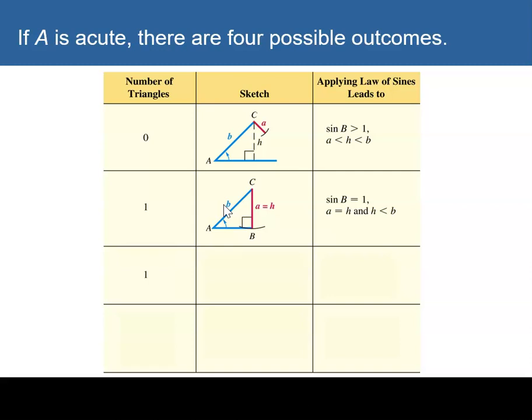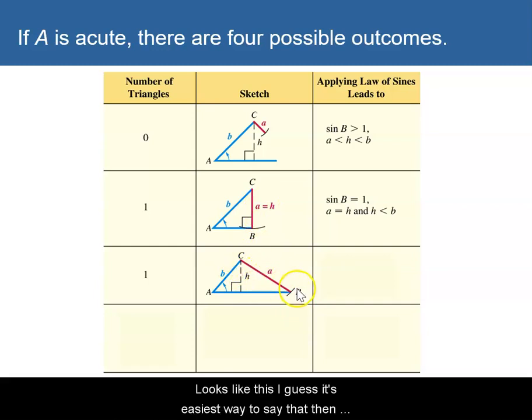The next case is another version of a unique triangle. Here our side A looks like this. So our conditions are that sine of B is less than 1.